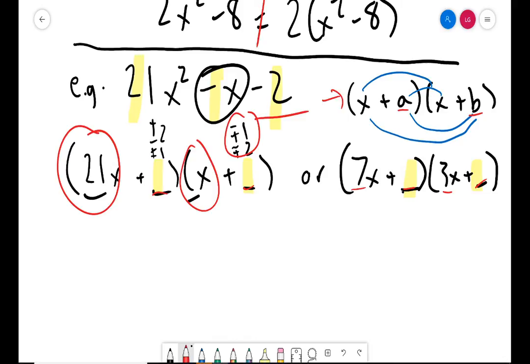I'm going to take a look at this 7x and 3x, and leave the sign for a second. So I still am in the situation where plus minus 2, plus minus 1 are my options as factor pairs. So I'm looking at this and I'm thinking, okay, I have a 2 and a 1 to put in here potentially, and I need the difference after I multiply it out to be negative 1.